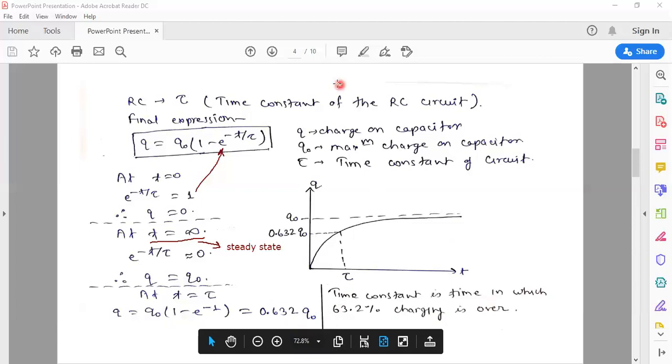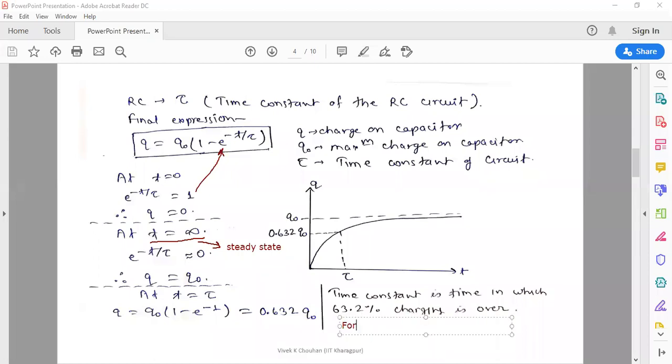Now keep in mind that this is for a charging circuit only. For a discharging circuit, this definition will change. So don't make it a hardcore rule that the definition of time constant is always the same. Okay, till here if it's clear, then I'll move ahead. Is it clear? Please respond.